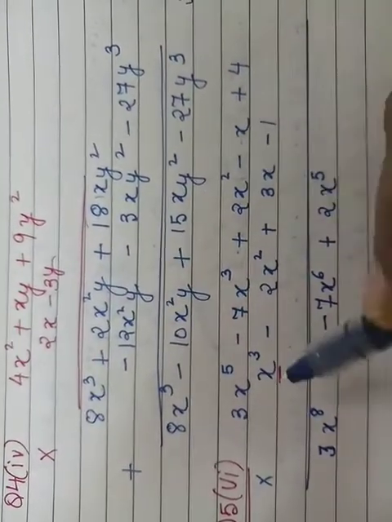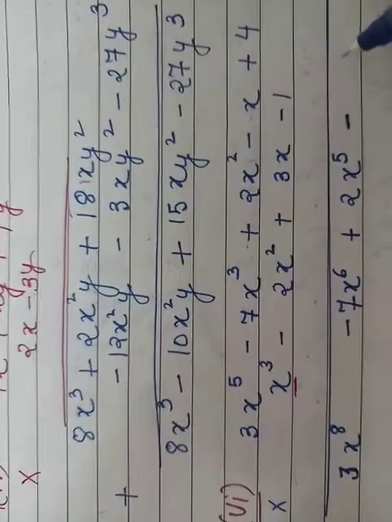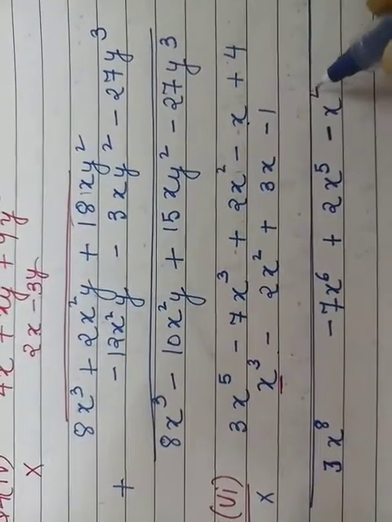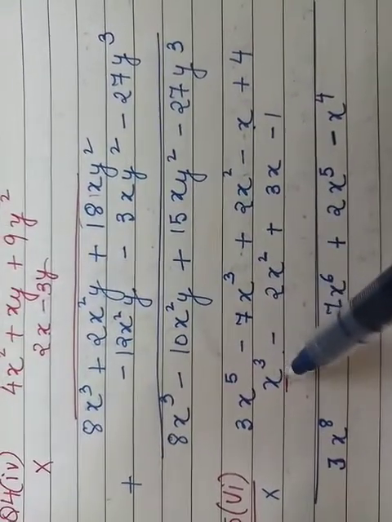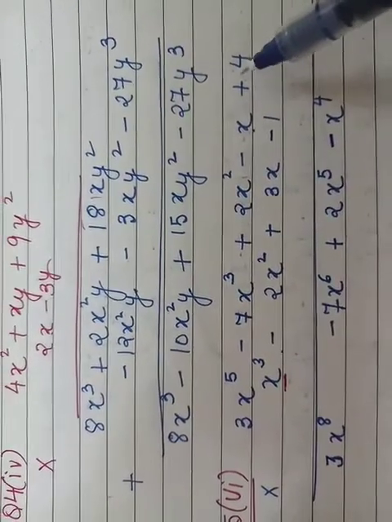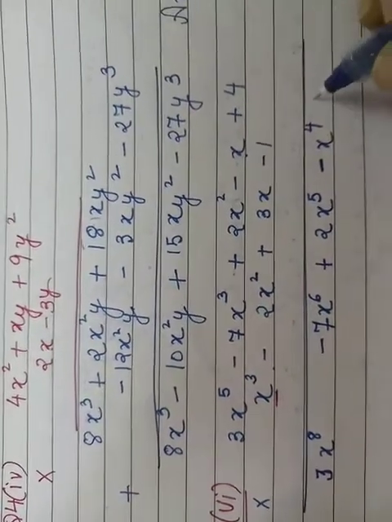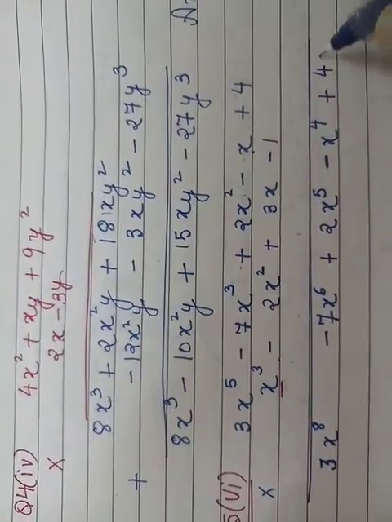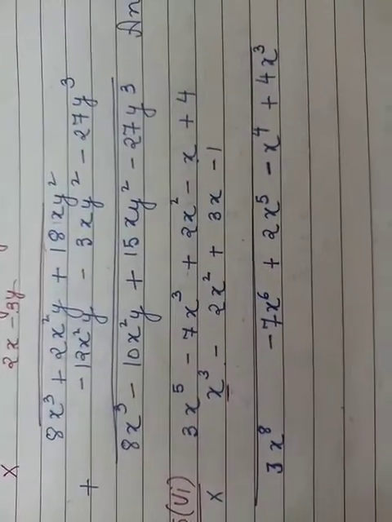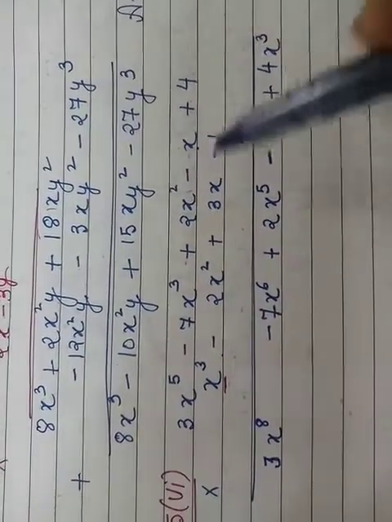So this is plus, this is minus, so it will become minus. x cube into x will give you x to the power 4. Then this is plus, this is also plus, it will become plus, and 4 into 1 will give you 4 and x to the power 3. So plus 4 x to the power 3. So this way I have multiplied x cube in the above expression with all the terms.